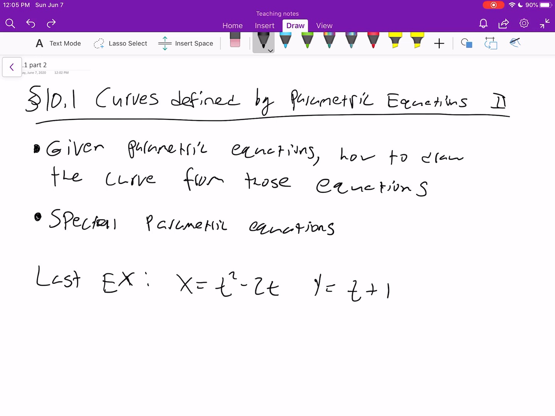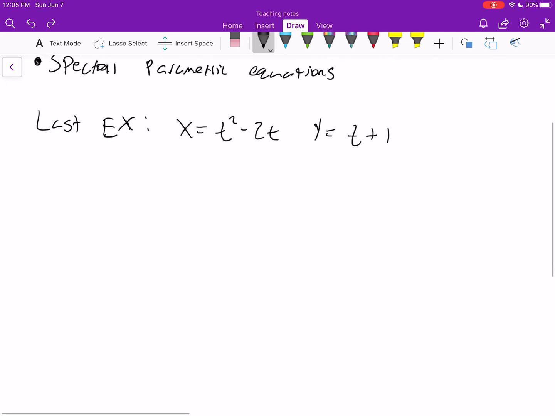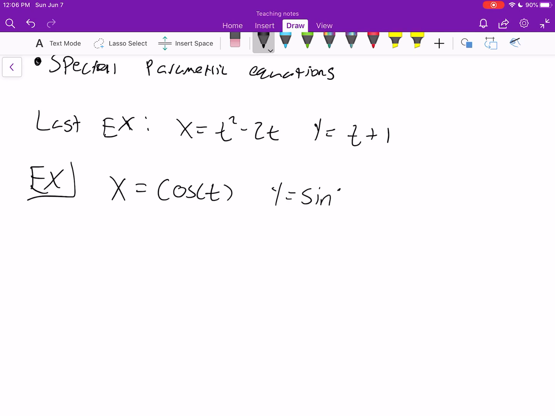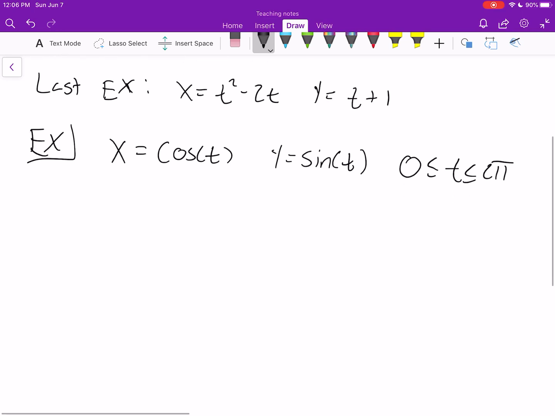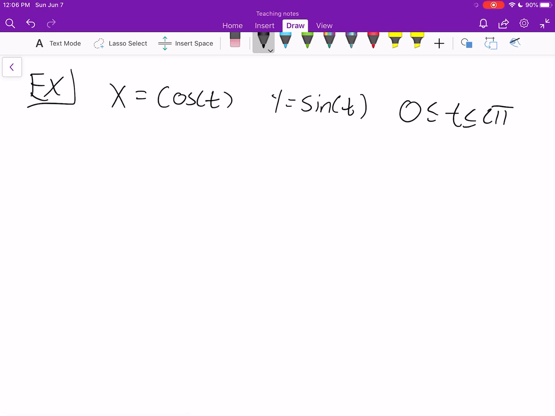So I'm going to move on to the next example, and this is something you want to remember the shape of. We have the parametric equations x equals cosine of t and y equals sine of t, with t between 0 and 2 pi. The first thing you should notice is that the x-coordinate is given by the cosine and the y-coordinate by the sine. Does that remind you of anything? The unit circle.